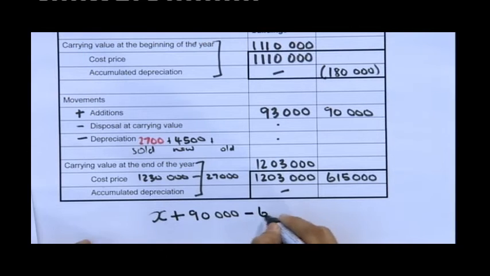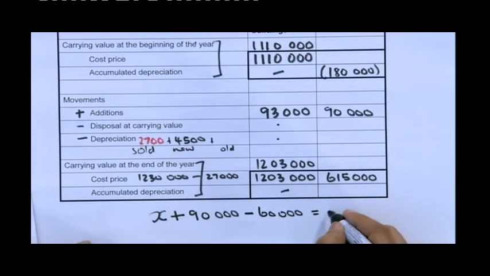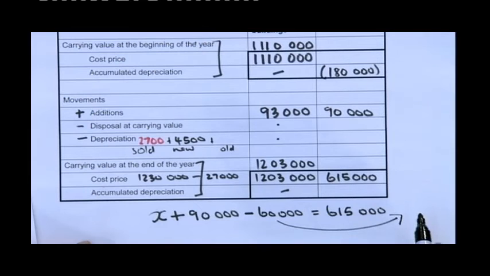And we minus 60,000. That was the cost price of the item that was sold. So we ended with 615,000. Okay. So now we're going to move everything over and change the sign.